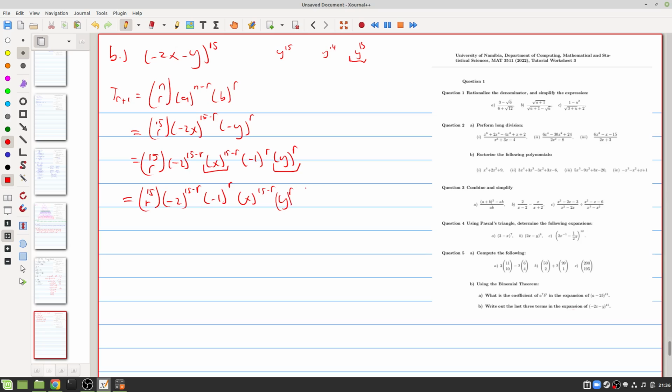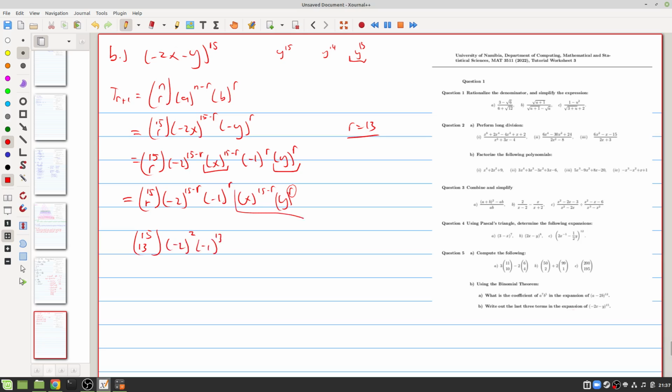Alright, but we know we want y to the power 13, so r equals 13. Okay, so for r equals 13, let's do this. So now we just make r 13. So 15 choose 13 times negative 2 to the power 15 minus 13, which is 2, times negative 1 to the power 13.